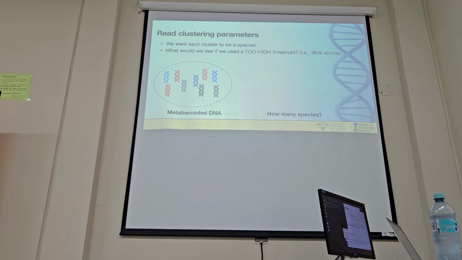If we had too high of a threshold, meaning we said the species have to be almost identical, how many species do you think we'd see?